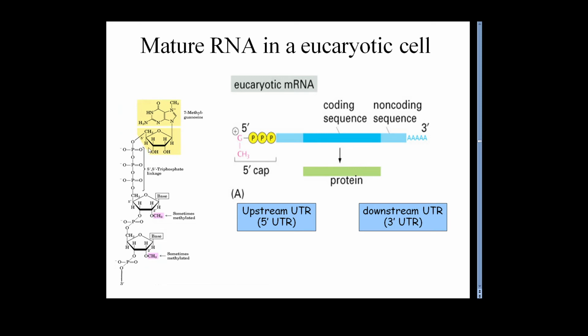It is a modification of the 5' end, and on the methylguanidine an additional methyl group will be added. And defense at the 3' end is by the polyadenylated tail.